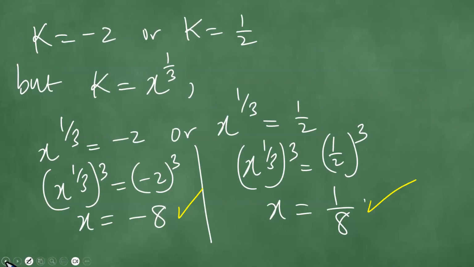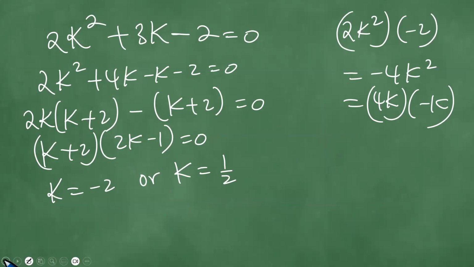Right, so now the check will be as follows. We're checking x equal to minus 8 because Tando was saying it does not give 0.